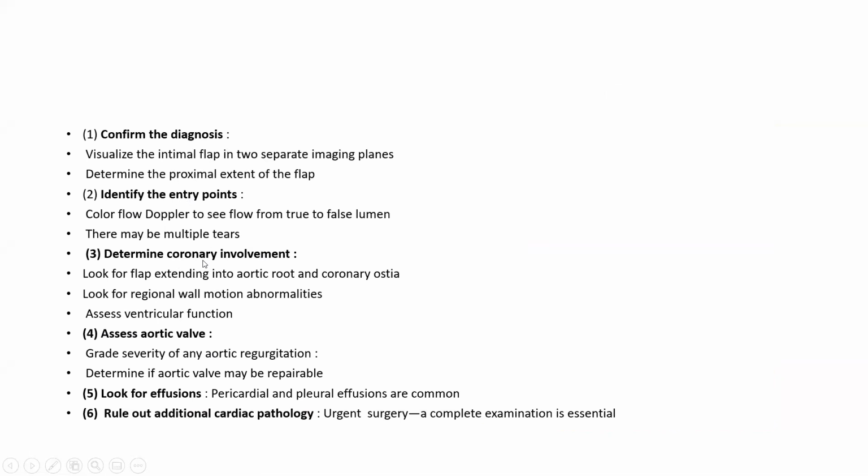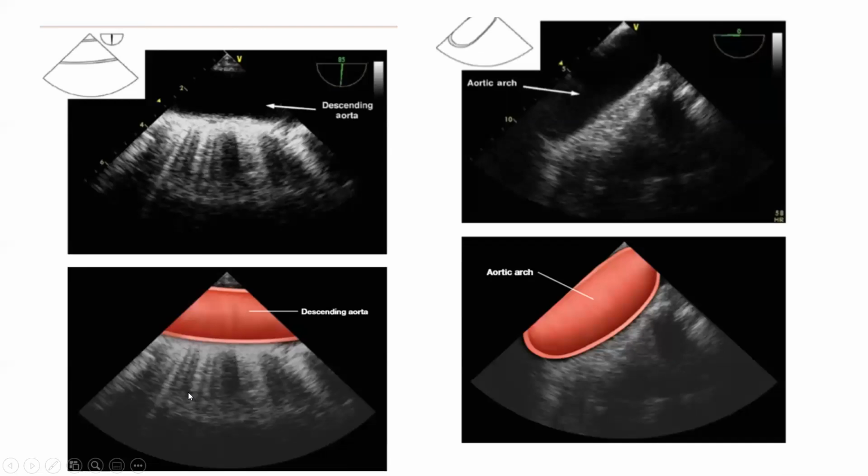Determine if there is coronary sinus involvement, usually the RCA, and if there is any regional wall motion abnormality. Assess the aortic valve for aortic regurgitation, look for pericardial or pleural effusion, and assess the other valves before clearing the patient for the surgeon.